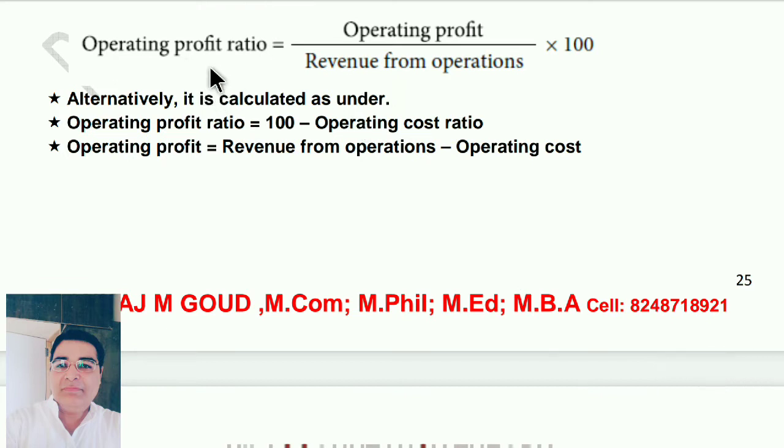Operating profit ratio equal to operating profit divided by revenue from operations into 100.